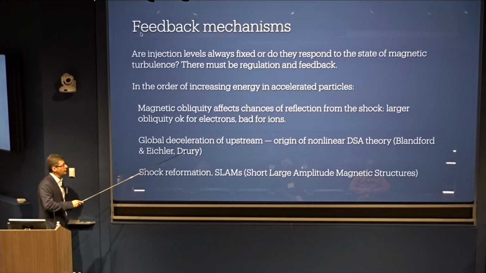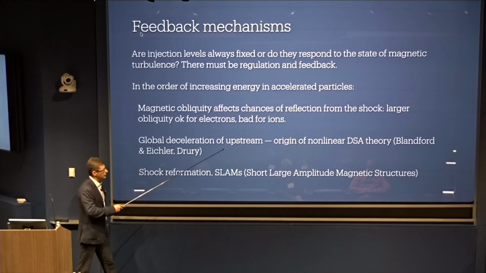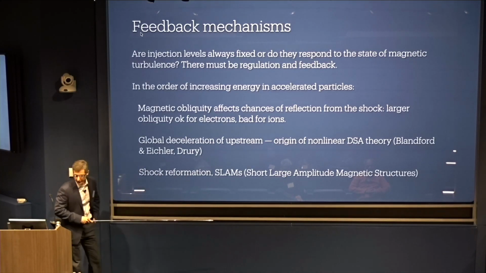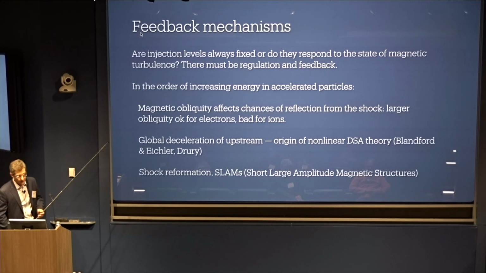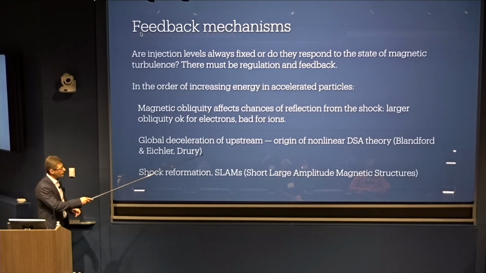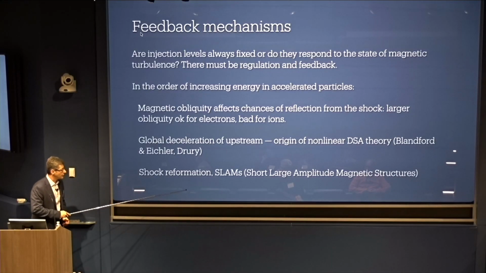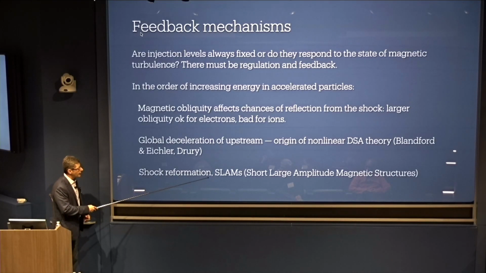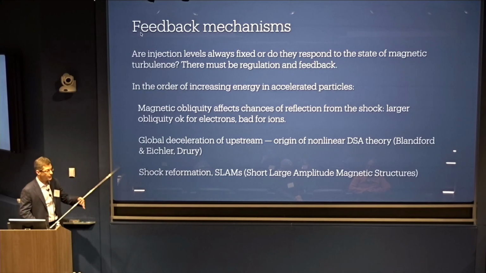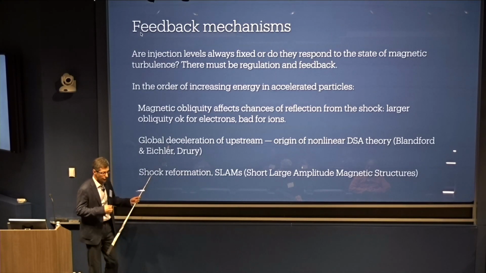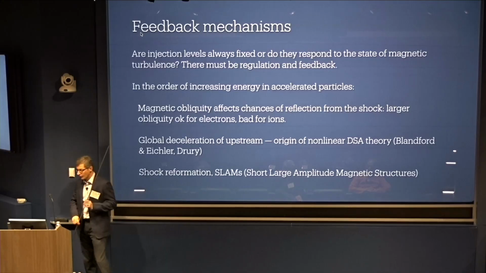And then if you put more energy into the particles, perhaps they can decelerate the upstream and change the jump conditions at the shock. That's the foundation of the nonlinear DSA theory. We have not seen that clearly in the simulations. And ultimately, another mechanism is shock reformation. If you put too much energy into the particles, perhaps shocks will jump forward and reform somewhere else.